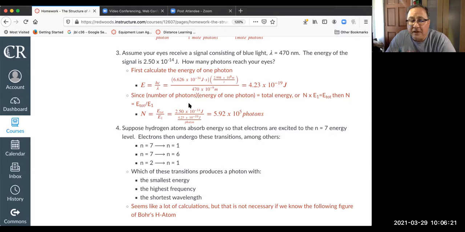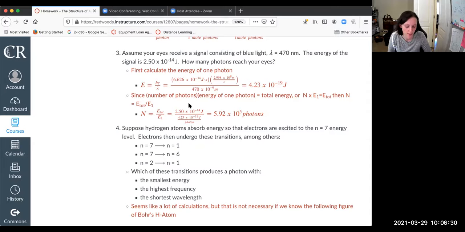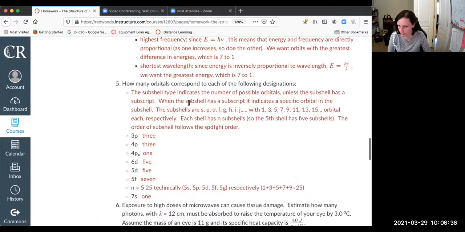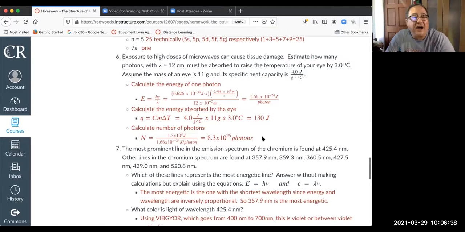So when you solve that equation for n, you get E total divided by E1. So what I did was the energy of the signal divided by the energy of the wavelength, which I calculated, and I got 8.3 times 10 to the 25 photons.